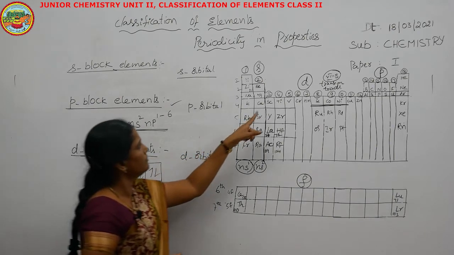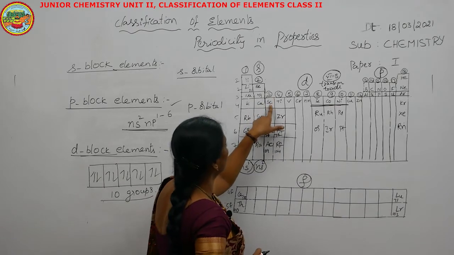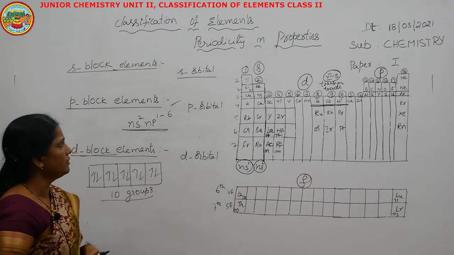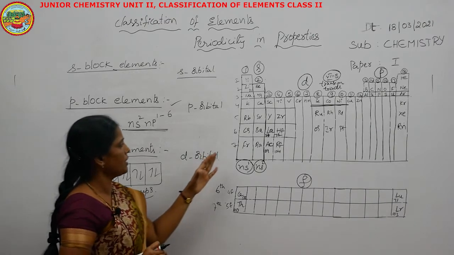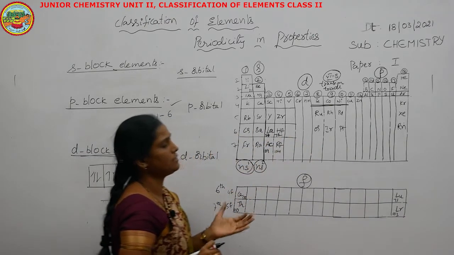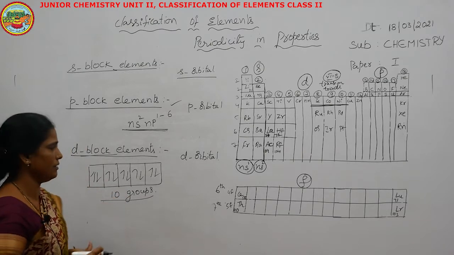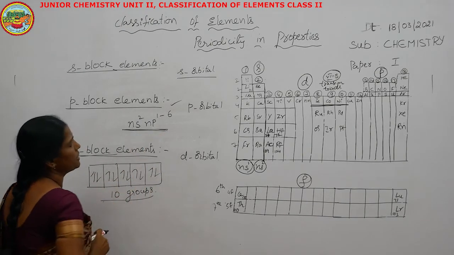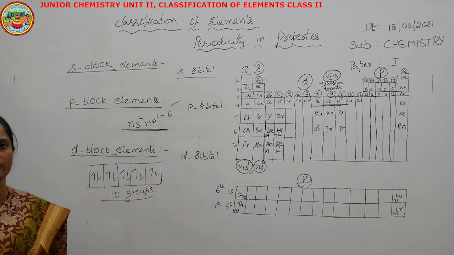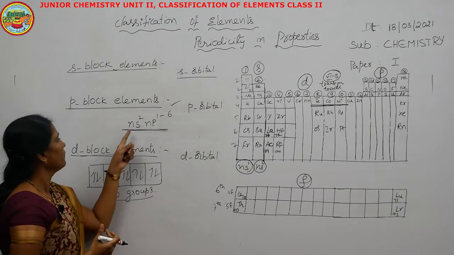So if we take the first element in the d block, the d block starts with d1. That means with the s block and p block, ns and np are completed. Both the ns orbital and np orbital are completed. That means the outermost shell is completed.